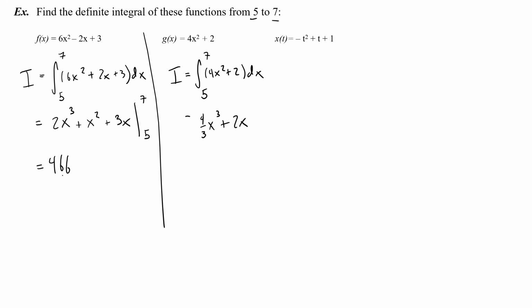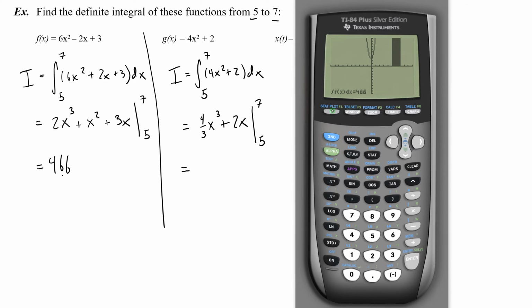Maybe I'll move this equal sign so that it makes more sense. Okay. I don't add plus c. Instead, I'm going to evaluate from 5 to 7. And I go to my calculator. Y equals, I don't put in the antiderivative. I put in the original function, 4x squared plus 2. Graph it.